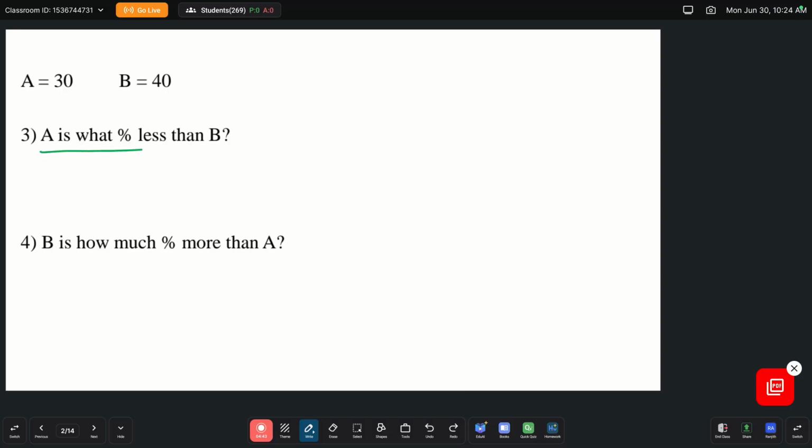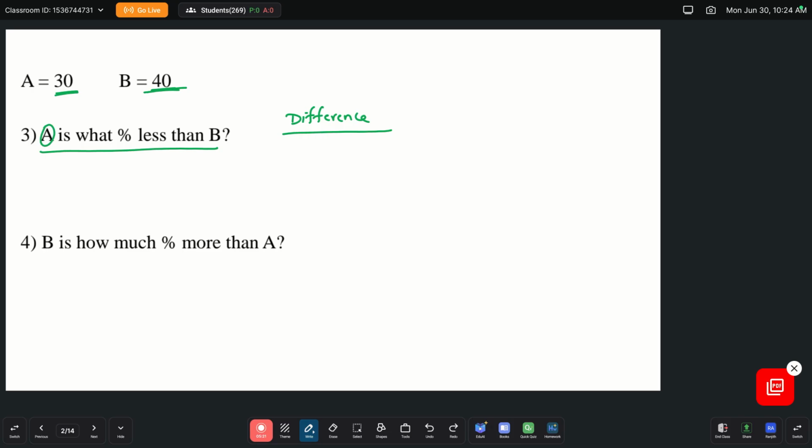Now, A is what percentage less than B? Where A equal to 30, B equal to 40. So A is being compared with B, and we need to take the difference of A and B. A has the lesser value, B has the greater value. So A is compared with B: less marks is compared with more marks.